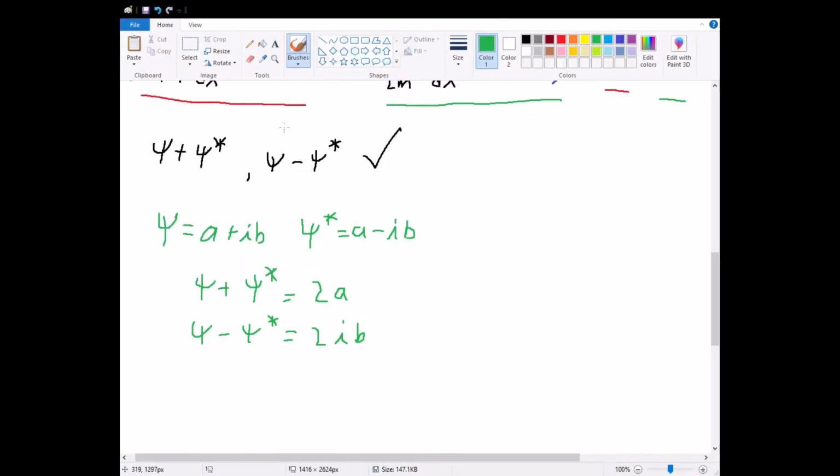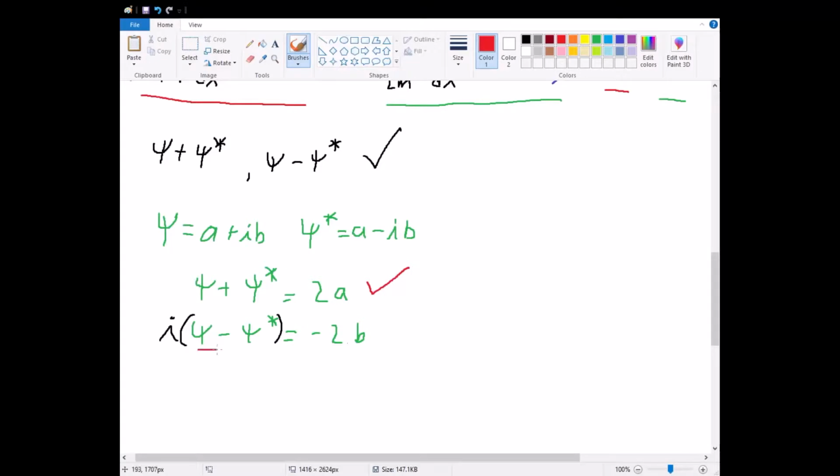And if we make the additional assignment of multiplying an i term at the front, then this solution is just going to become negative 2b, which is also real. So let's go over this. This first term we have shown is a valid solution.